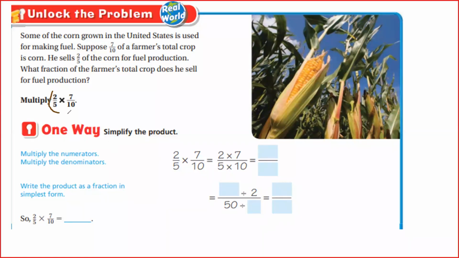You have to multiply. As I told you, when multiplying you have 2 ways. The first way is to multiply first, then simplify. So 2 times 7 is 14, and 5 times 10 is 50.